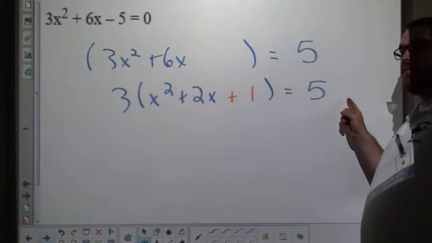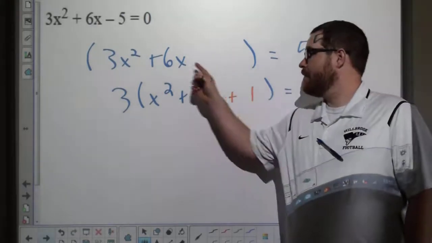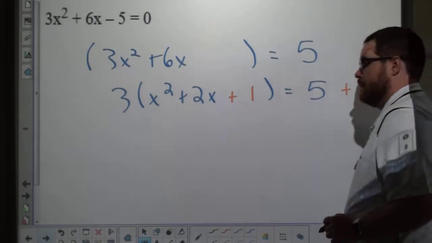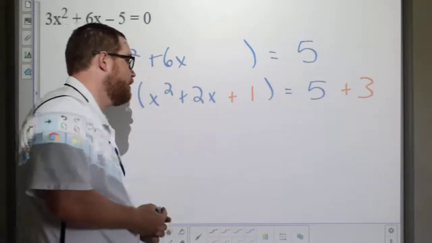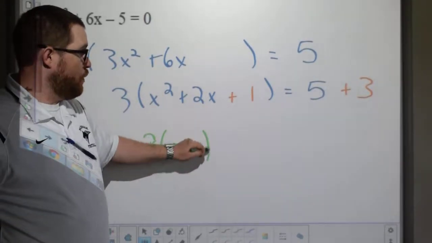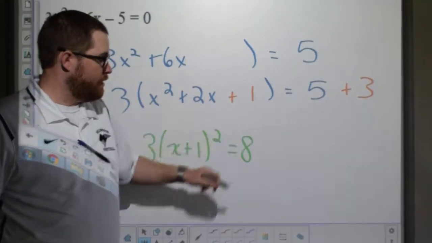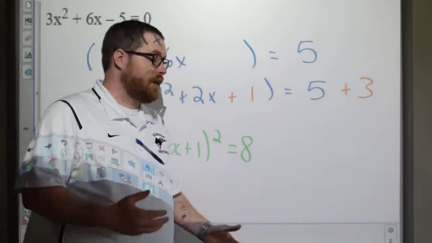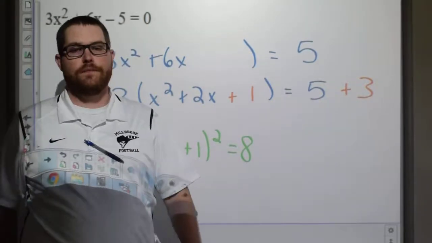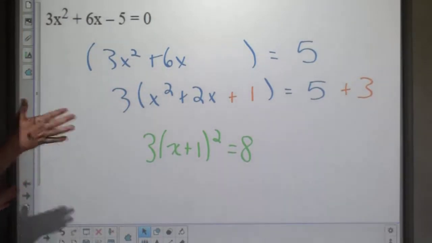But I'm not going to add 1 to this side. I'm actually going to add whatever I added over this side, which was really 3. So now what do I have? I have 3 times (x plus 1) squared equals 8. So that's completing the square. Again, you can solve if you want to: divide, square root, subtract 1. But for now, let's talk about conics again.